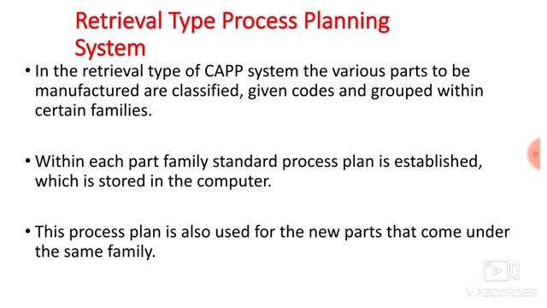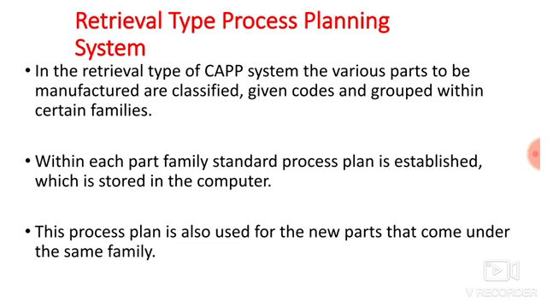Okay. So in the retrieval type of CAPP, the various parts to be manufactured are classified, given codes and grouped within certain families. For understanding the retrieval type of process planning, you have to understand group technology. Group technology is a manufacturing philosophy in which similar parts are identified and grouped together.